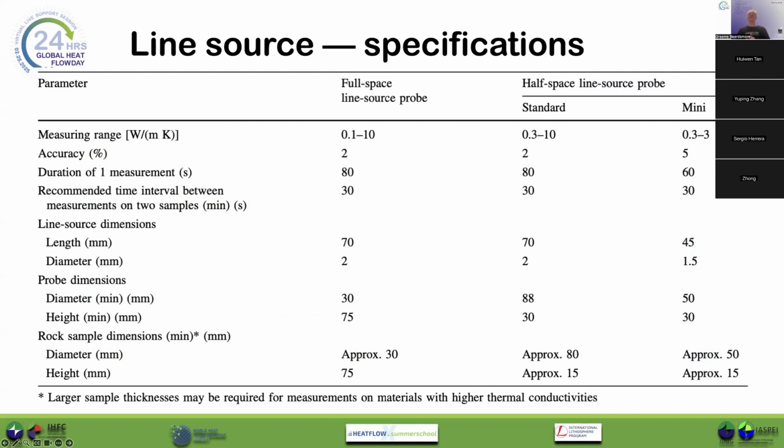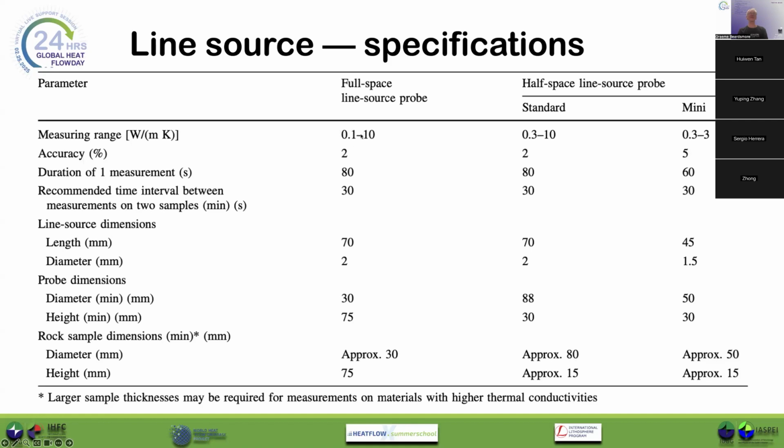Generally, on specifications, these also tend to measure in a particular range of thermal conductivities, possibly better at the lower end of the thermal conductivity scale. Divider bars were good down to about 1 watt per meter Kelvin. Line source probes can push that down about another order of magnitude.